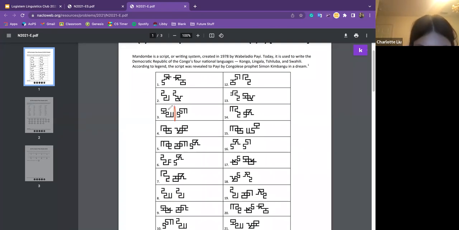Actually it's here, this equals U, and that part equals P, and then the top part equals M. That was especially tricky.